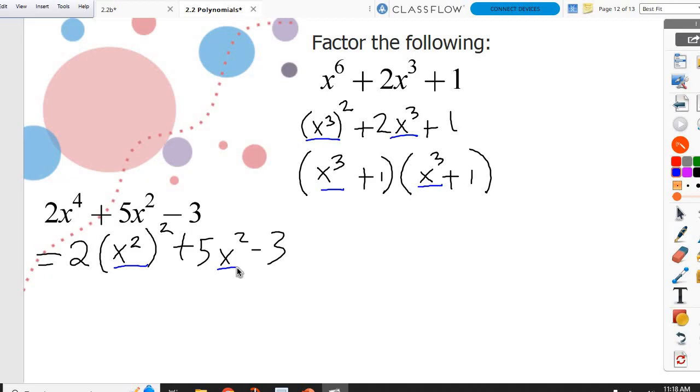Yeah, so it is in our quadratic form. Now this time we have a 2 in the front, so we do have to do 2 times -3 gives us what? -6. So what multiplies together to give us -6 that adds together to give us 5? -1 and a +6.